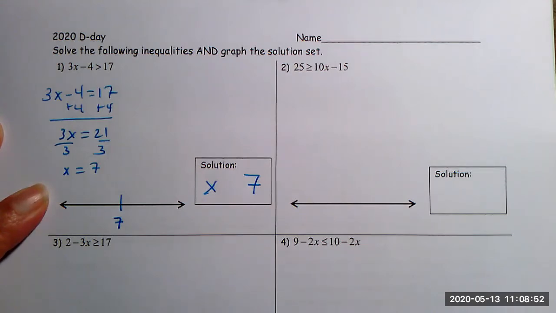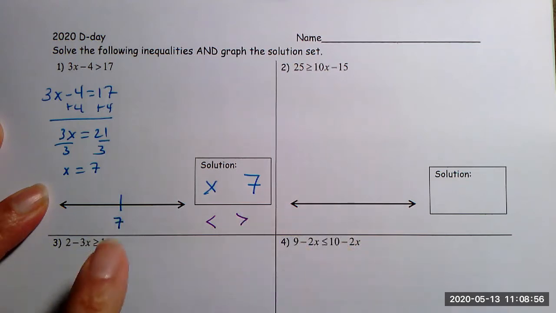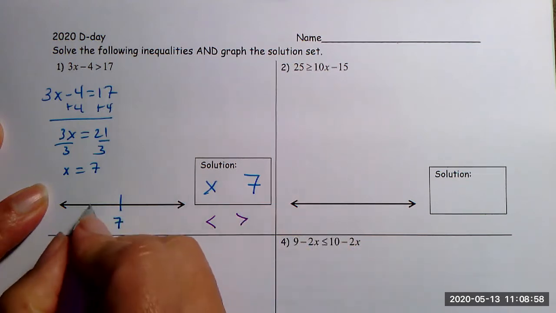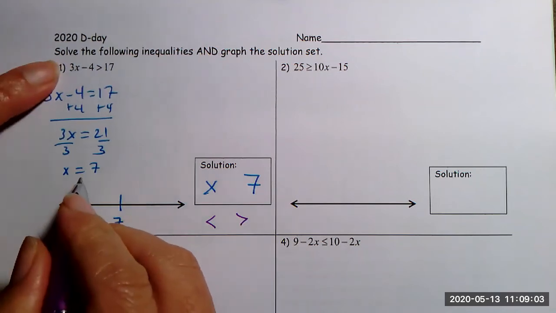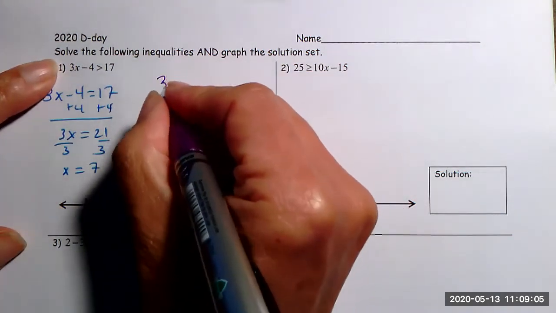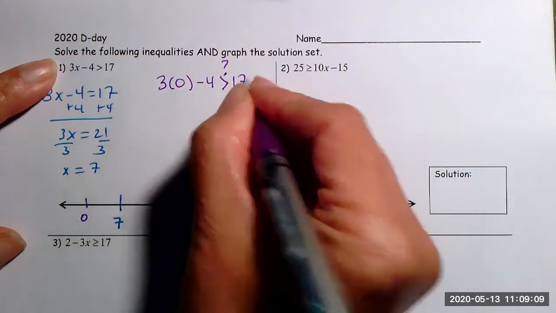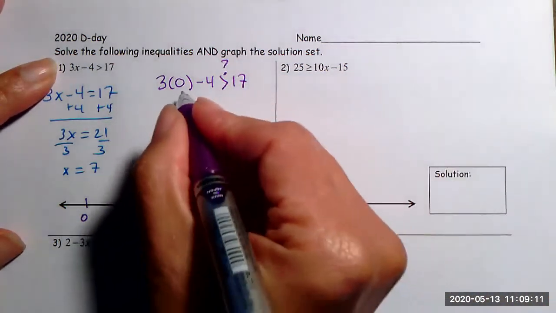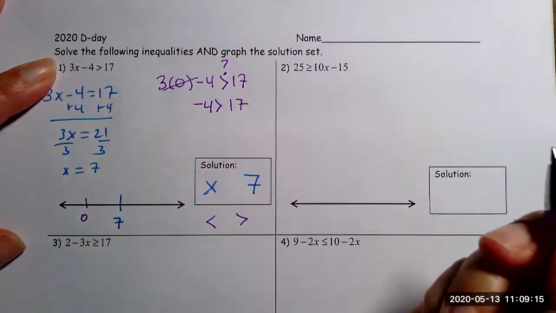Now, to determine which way the sign goes, whether it's a less than or a greater than, I've got to test a point. So what I've typically tested was 0. If I plug 0 into the original inequality, 3 times 0 minus 4 over 17, I want to know, is that true or false? So is negative 4 greater than 17?